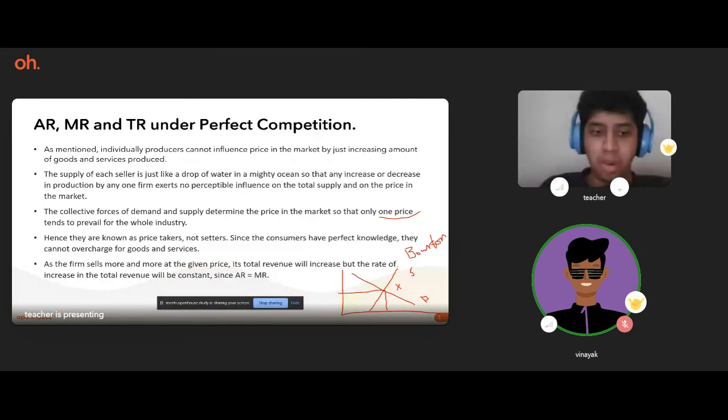So that in itself is a perfect example of how bourbon biscuits are under perfect competition, and they themselves have to come together and decide a price in consultation amongst the people who are producing the biscuit and the people who are interested in purchasing it.